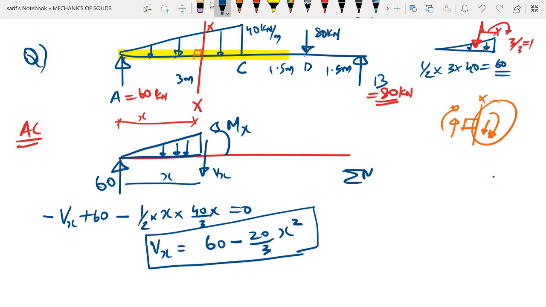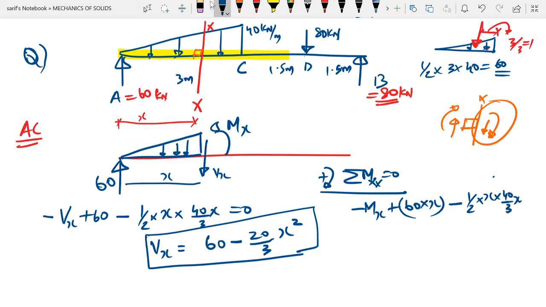So if we take moment about the section xx equal to 0, minus Mx plus 60 into x, that is this force multiplied by the distance, minus the load, half into x into 40 divided by 3 into x. So this is the load, and the distance at which this load acts is x by 3. So this would be equal to 0.